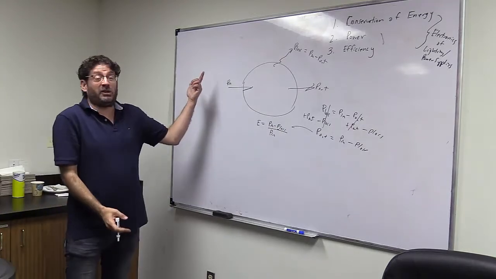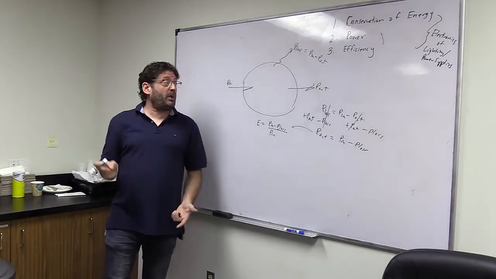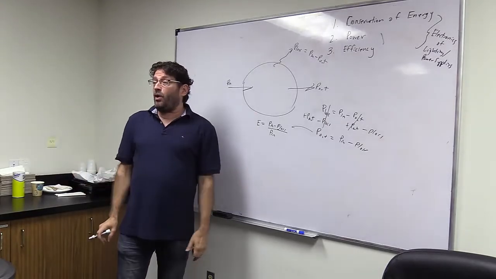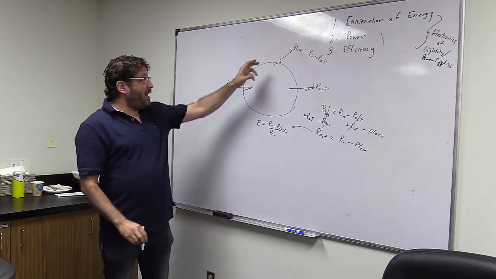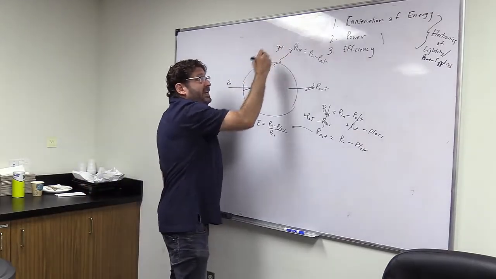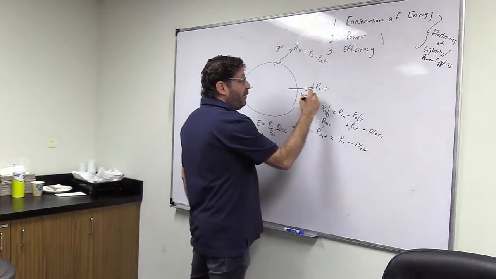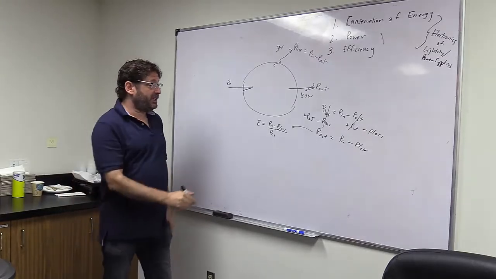So I don't know how to measure the power input. It's 277 volts AC at 50 hertz in some weird application, and the current is some wacky waveform, and I don't know what it is. But what I do know is that I have 3 watts of heat coming out of here, because somehow I can measure that, and I know I have 40 watts coming out from over here, okay? I can still get my efficiency, right?